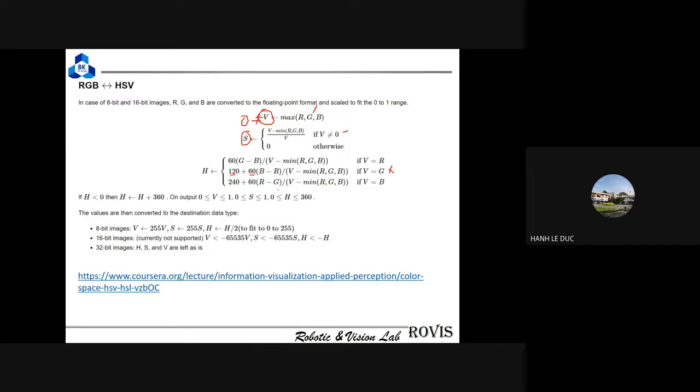So this becomes 2 plus (B minus R) divided by (max minus min). So this is the equation.